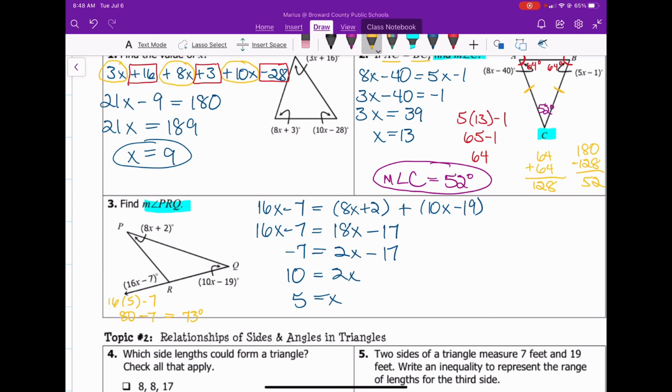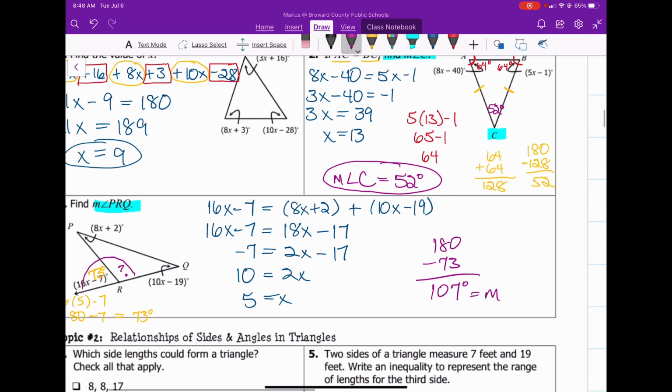So now we know that this angle on the outside right here is really 73 degrees. If I want to find this other angle that we're looking for here, we have to subtract that answer from 180. So if we do 180 minus 73, that's going to give us 107. So that is what the measure of angle PRQ is equal to. Okay.